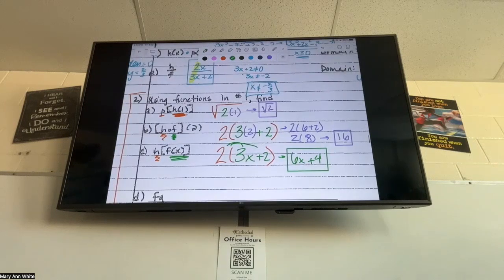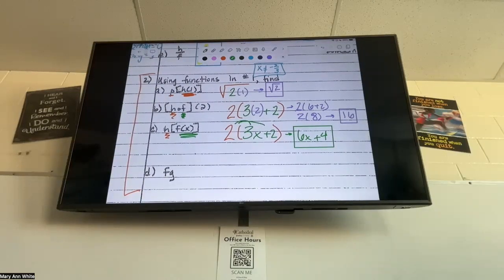Okay. If you've noticed on the last couple, we've had different notation each time. The last one says FG. It doesn't say F of G of X. It just says FG. That is not a composition. That's a multiplication problem. So we try to trick you right here by showing you a multiplication problem.